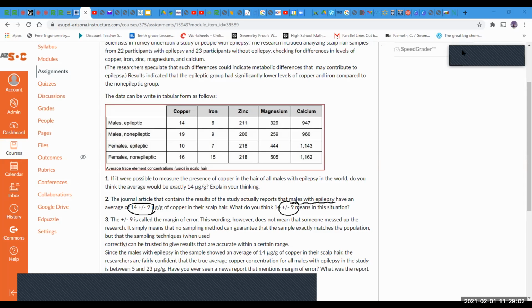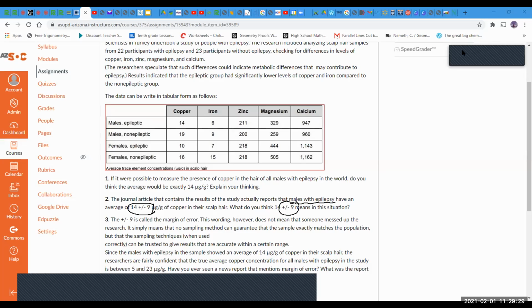This wording, however, does not mean that someone messed up the research. It simply means that no sampling method can guarantee that the sample exactly matches the population. Sampling techniques, when used correctly, can be trusted to give results that are accurate within a certain range.